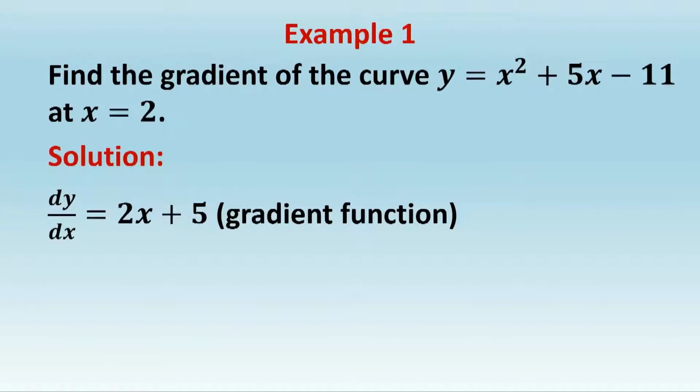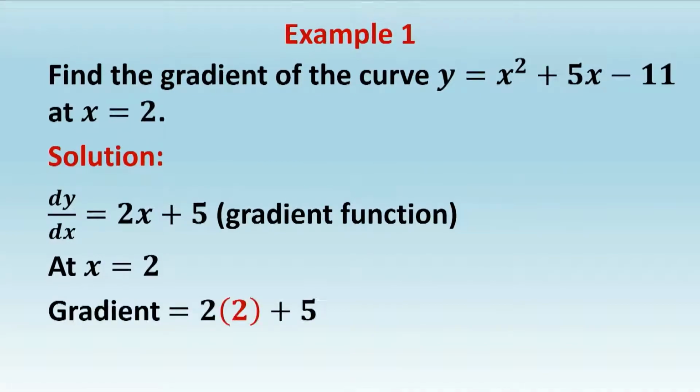Now, to calculate the gradient at x is equal to 2, we substitute the value of x by 2 in dy by dx to get the gradient, which is equal to 2 multiplied by 2 plus 5, which is equal to 9. That is, the gradient at x is equal to 2 is 9.